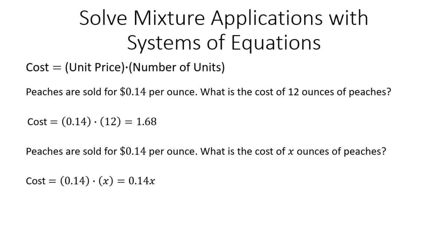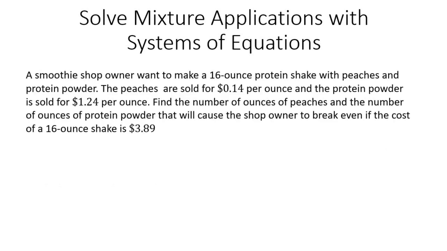All right, we're going to use this concept now to do a problem that has to do with mixtures when we're trying to break even with two unit prices. So a smoothie shop owner wants to make a 16-ounce protein shake with peaches and protein powder.